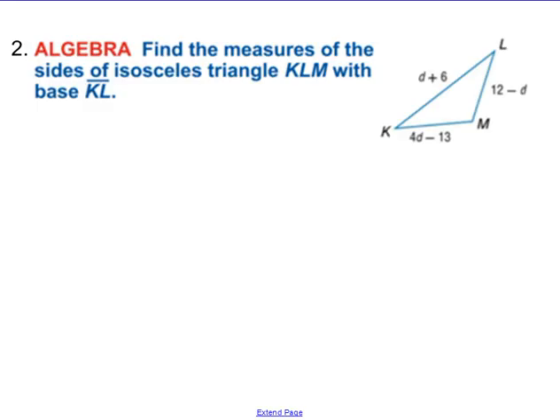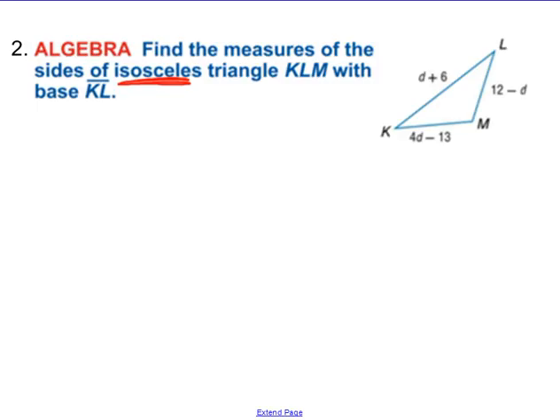Okay, so now we're going to move on and use some algebra with it. So I see that we are supposed to look for this isosceles triangle and find the measures of the sides. Well, that looks crazy hard, but it's really not. Because if we use that vocabulary word isosceles, we know that two of the sides are the same.